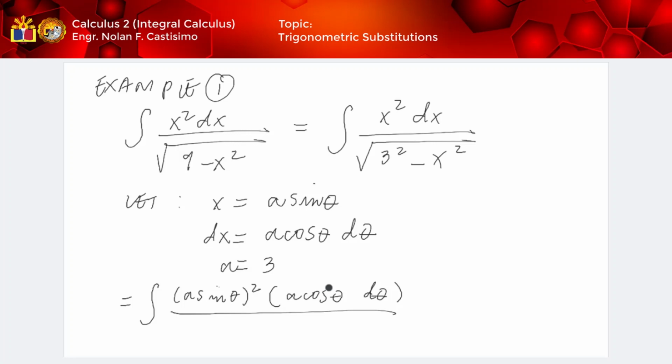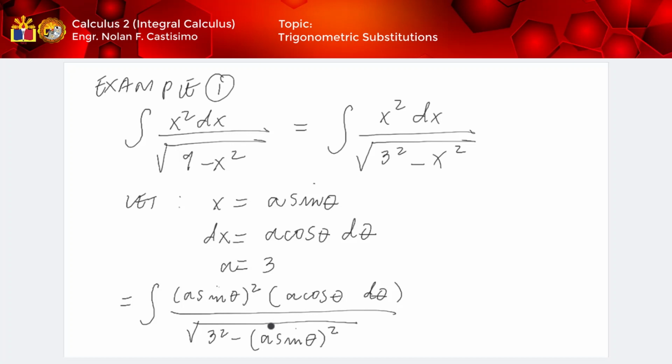over square root of 3 squared minus x squared. Okay? Ganyan. Itong x squared natin ay magiging, so pareha lang dito, a sine theta squared. So pareho lang sila.